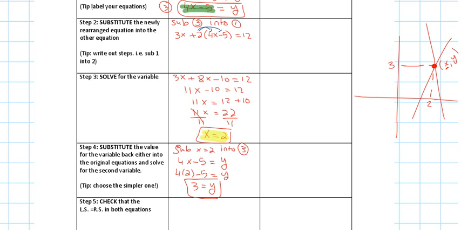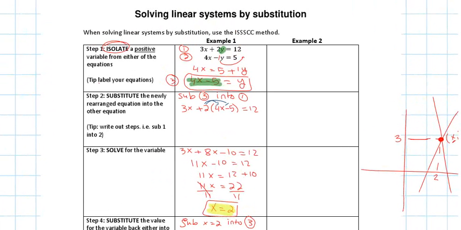To check my work, I take the x and y values, plug them into equation number 1, and make sure that left side equals right side, and plug them into equation number 2, and also make sure that left side equals right side. Technically my work right now is done, but I'm checking my work.